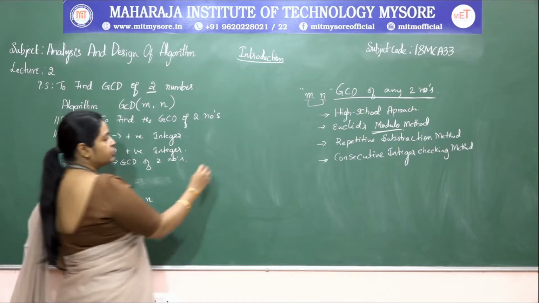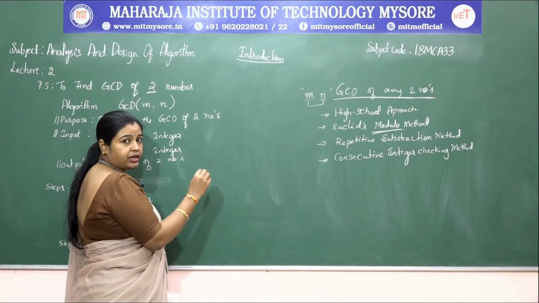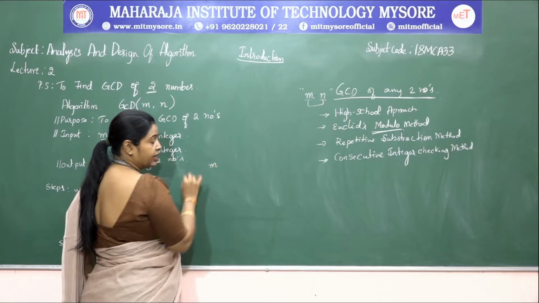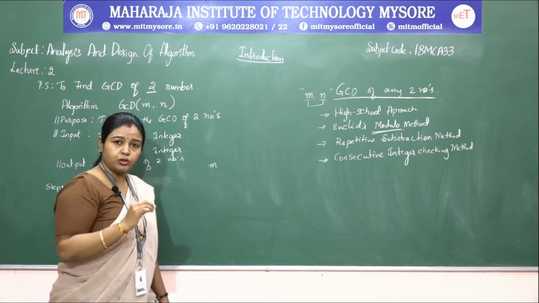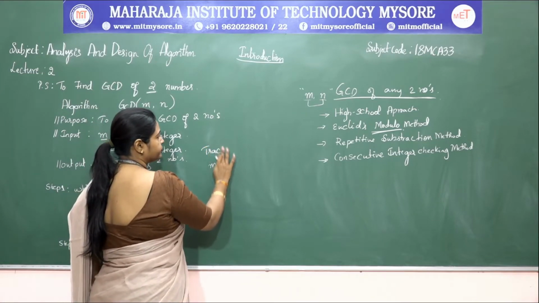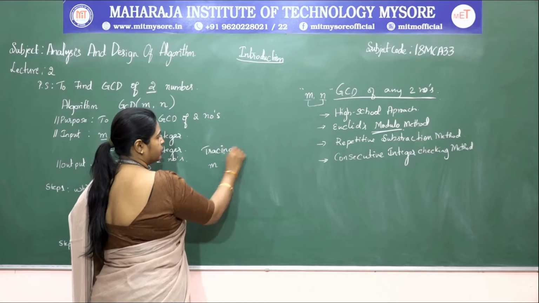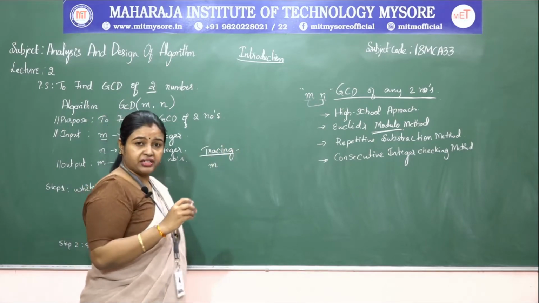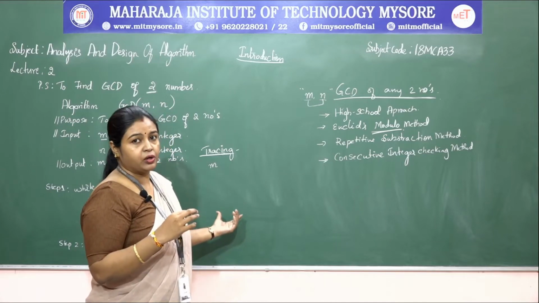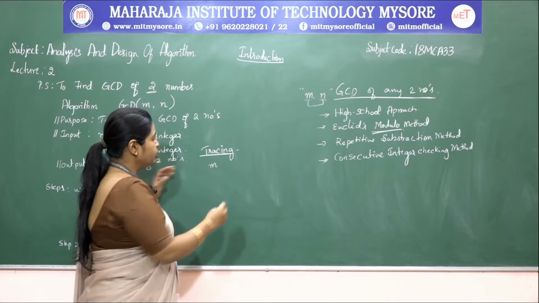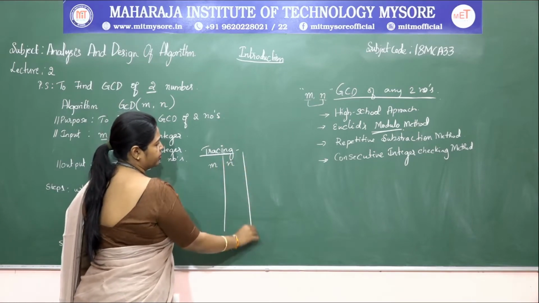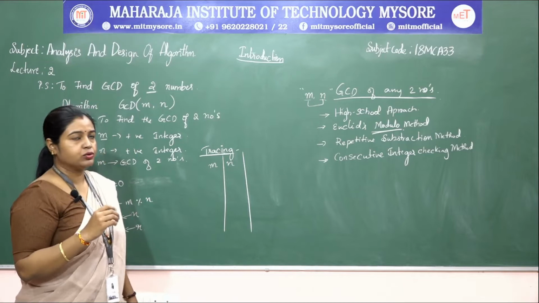So here I am going to take 3 or 4 fields. Since it is an iterative algorithm, it is better to trace it by keeping a table of values.